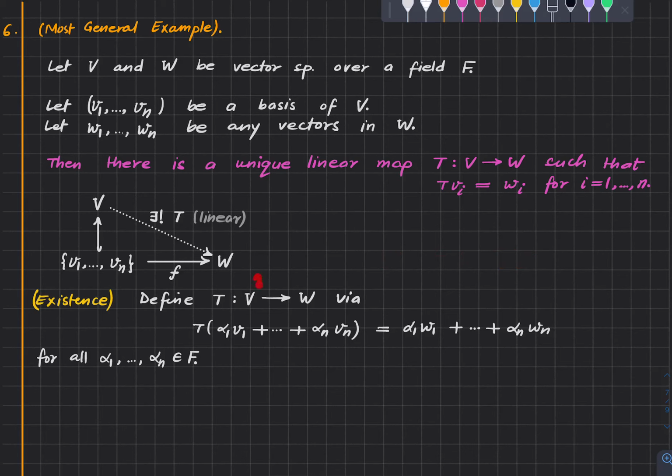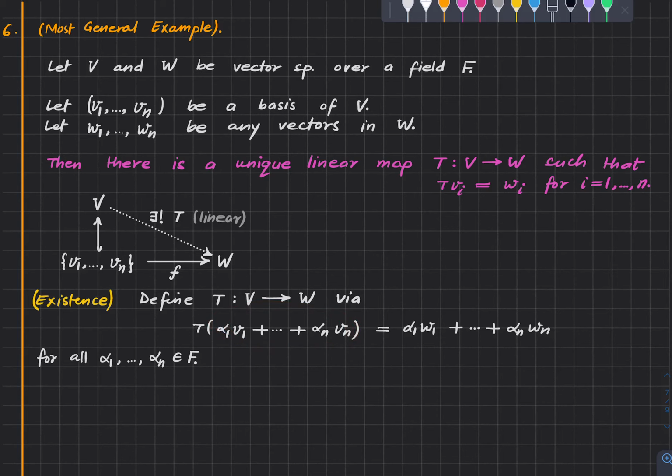So once you pick a vector v, first you find the unique scalars alpha 1 up to alpha n such that this linear combination is equal to v. There exists such a unique linear combination only because this was a basis, not just some spanning set. And now, using that representation, you define the image.